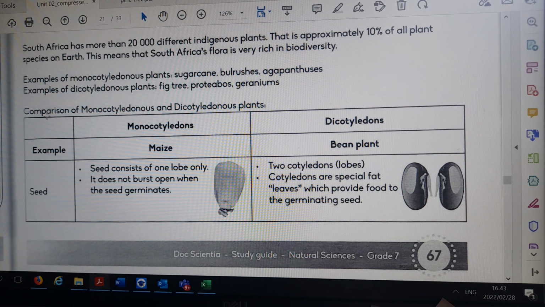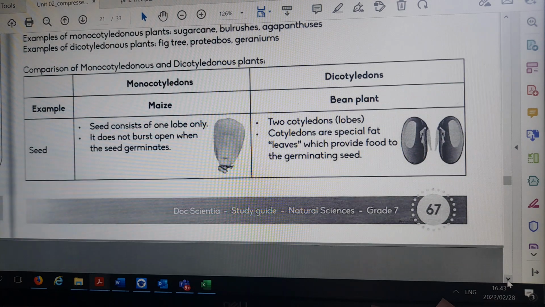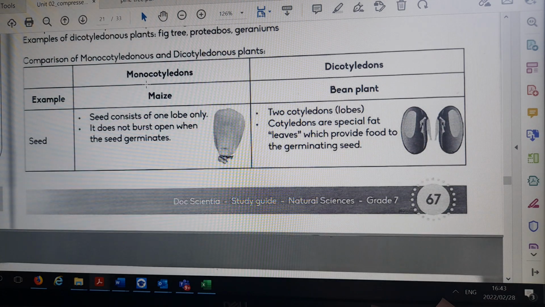Okay, and then let's compare monocotyledonous plants and dicotyledonous plants. We will have an example for monocotyledons, and an example of dicotyledons. The first example for monocotyledon, we have maize.